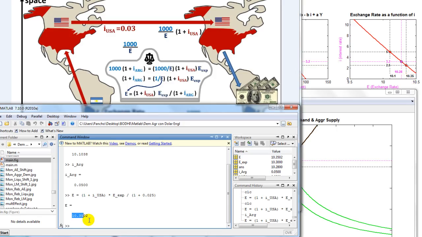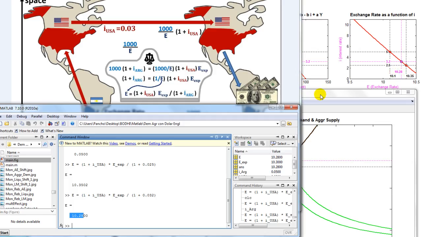Now, if the interest rate in Argentina is 3.2, then here we have 3.2, and then the exchange rate should be 10.28, which is this 10.28.